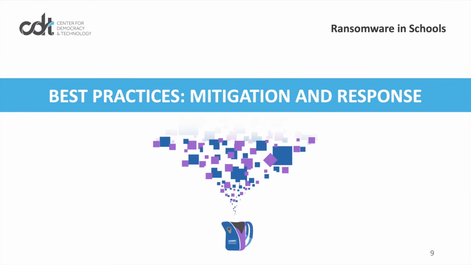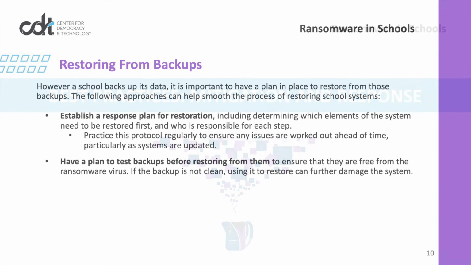While ideally the preventative steps discussed above can help schools avoid an attack, it's never possible for a system to be completely secure. So schools should also take steps to minimize the impact in the event that they are hit by an attack. However a school chooses to back up their systems, having a plan to restore from the backups is an important part of preparedness. For complex systems, the order in which different components are restored will matter, so the plan should include that ordering, as well as who is responsible for what steps.